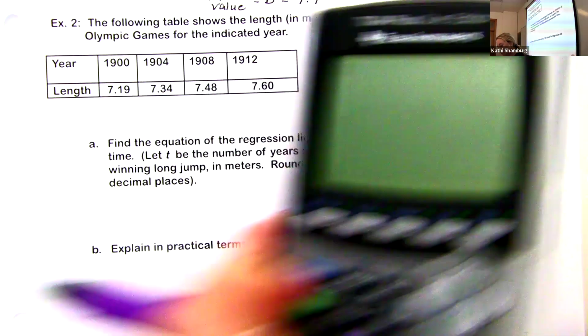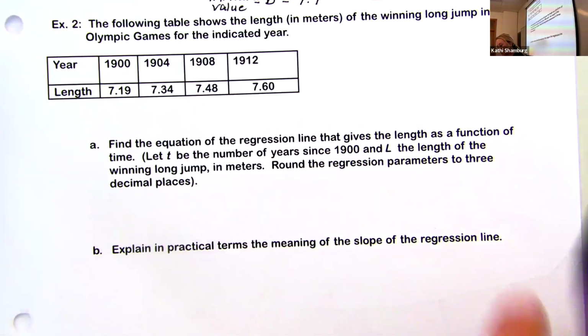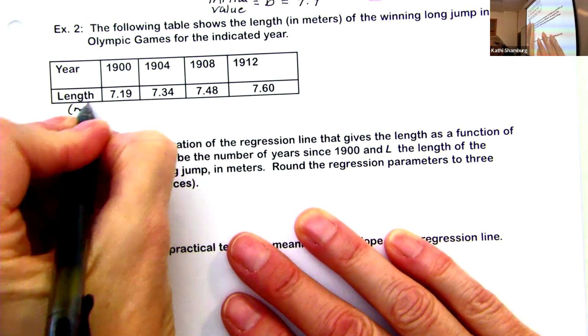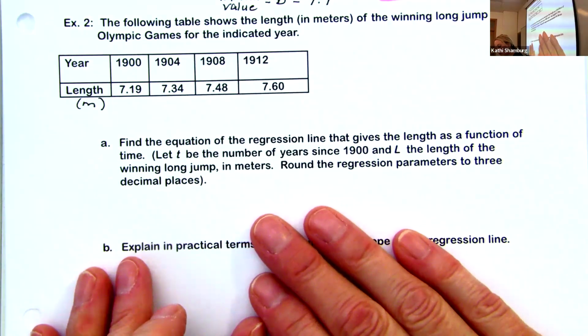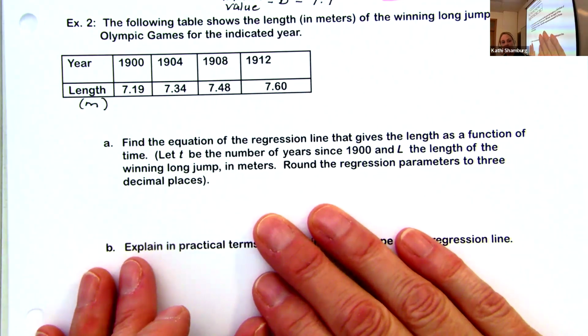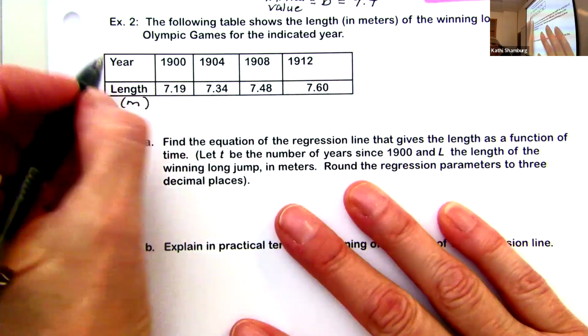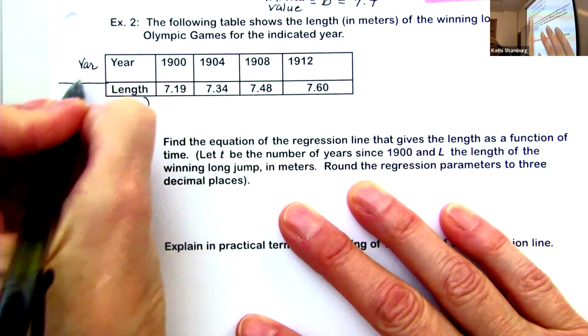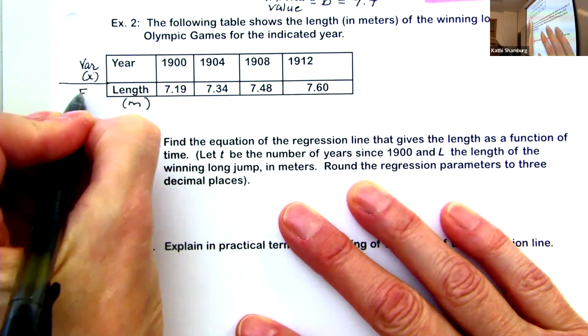Okay. The following data or table shows the length in meters of the winning long jump in the Olympic Games for the indicated years. All right, so we know this is our variable. This is our function.